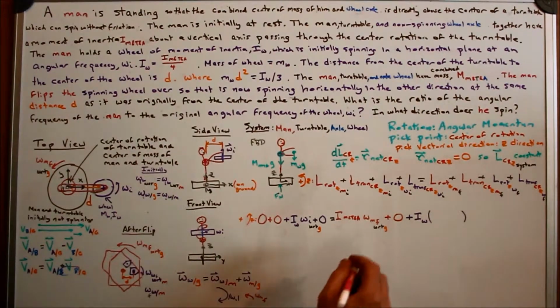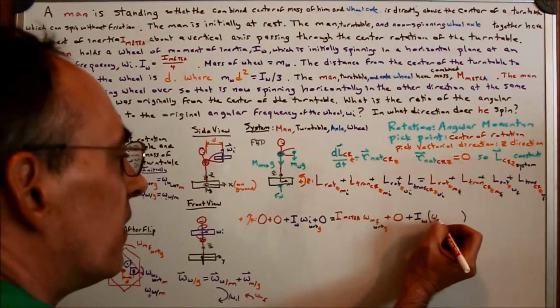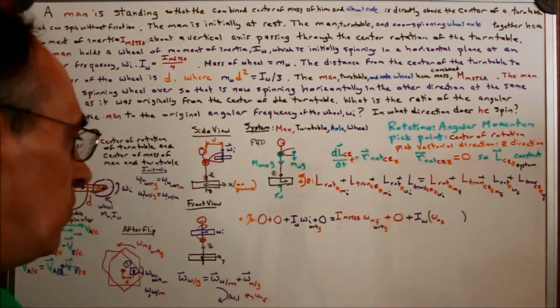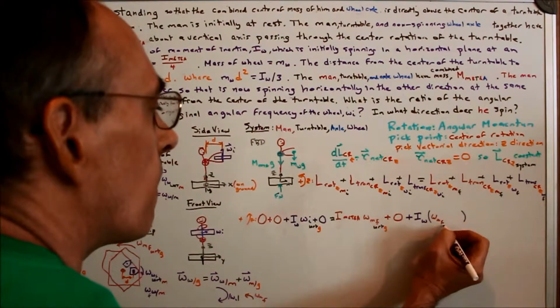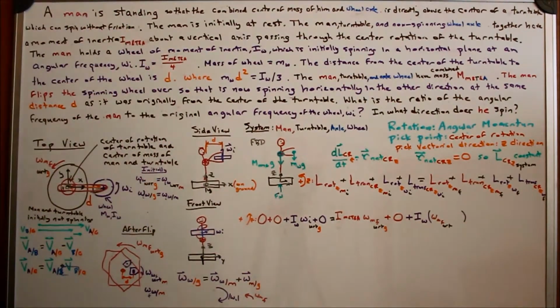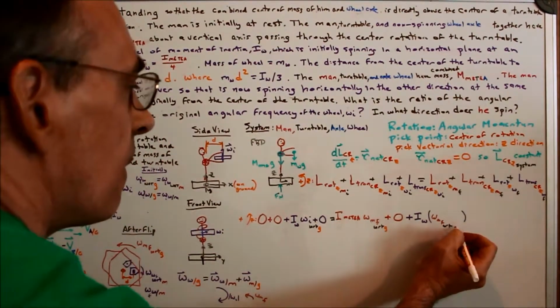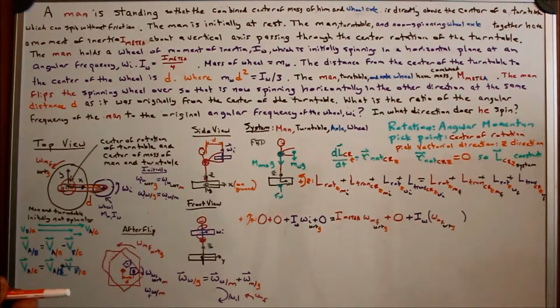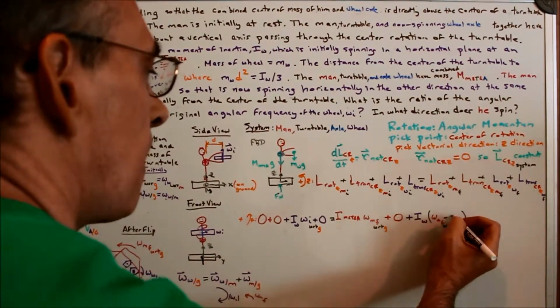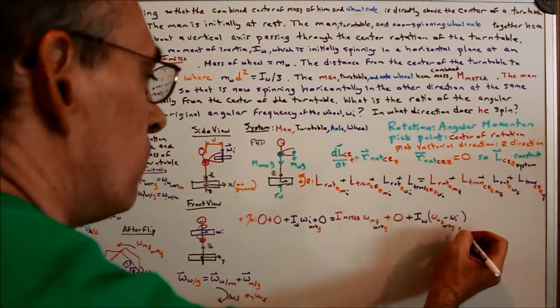So what goes in here is the omega m sub f with respect to ground. And then this is in the minus, this omega sub i with respect to ground.